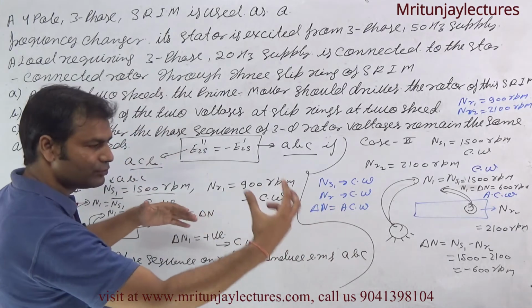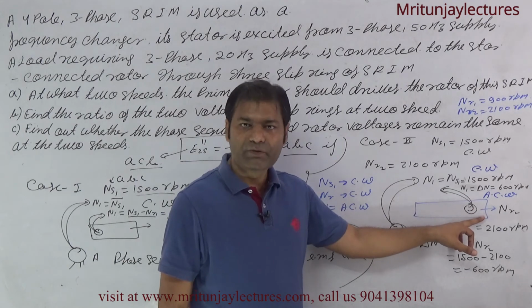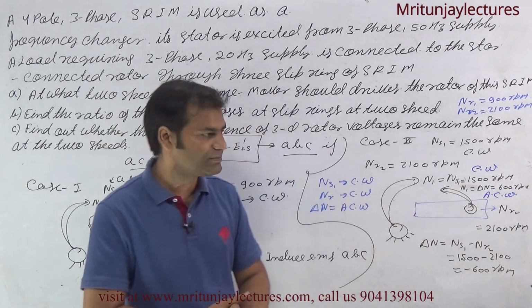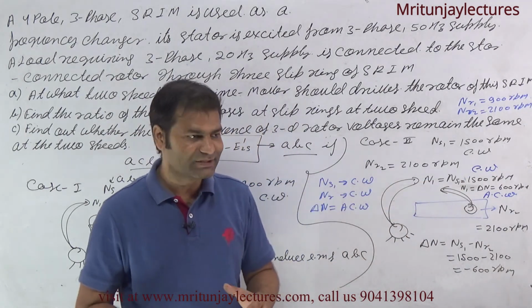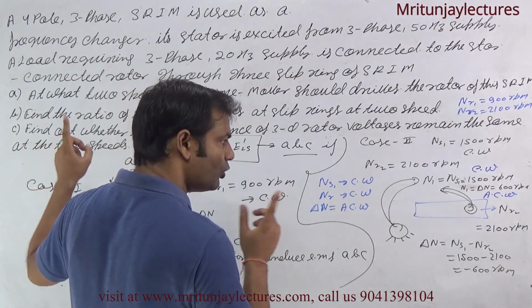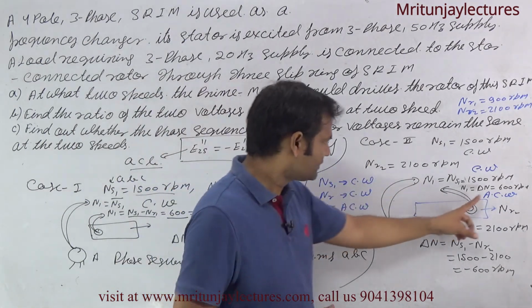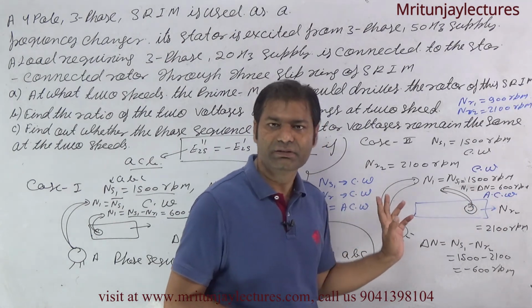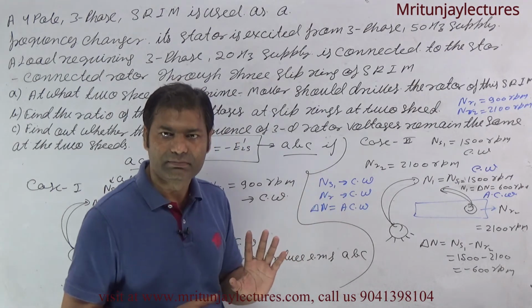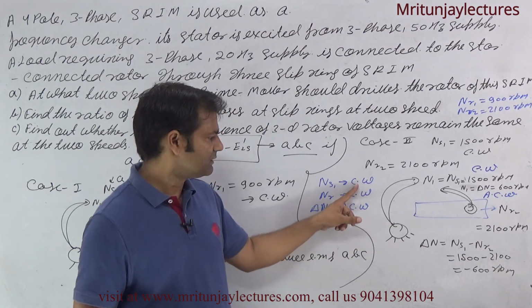But if you sit on the rotor, it is just like a super fast train and a local train. The super fast train goes at 2100 RPM and the local train at 1500 RPM. A passenger on the super fast train sees the local train moving in the backward direction. So delta N is negative, opposite to the original direction.